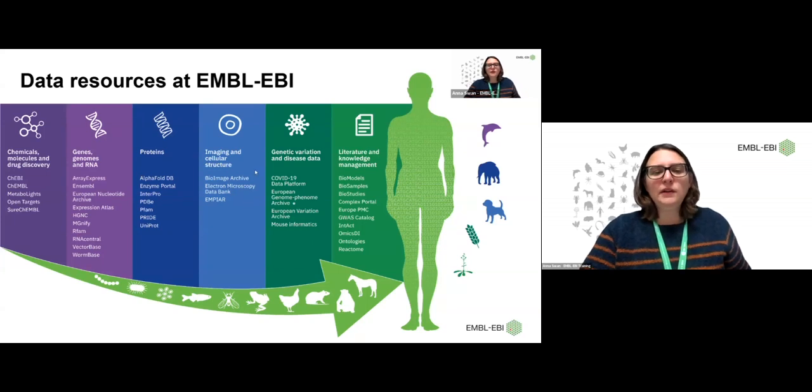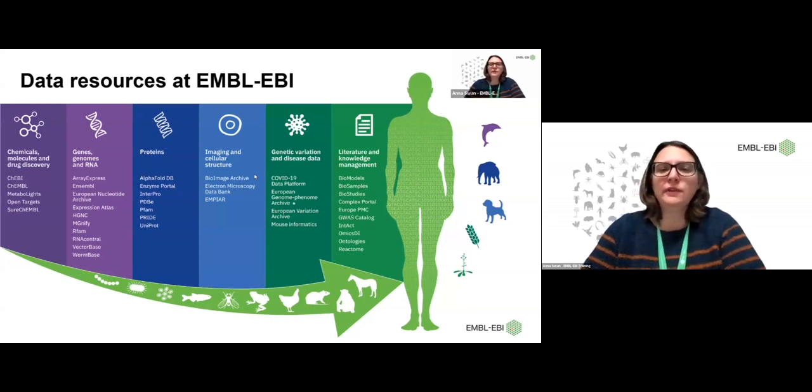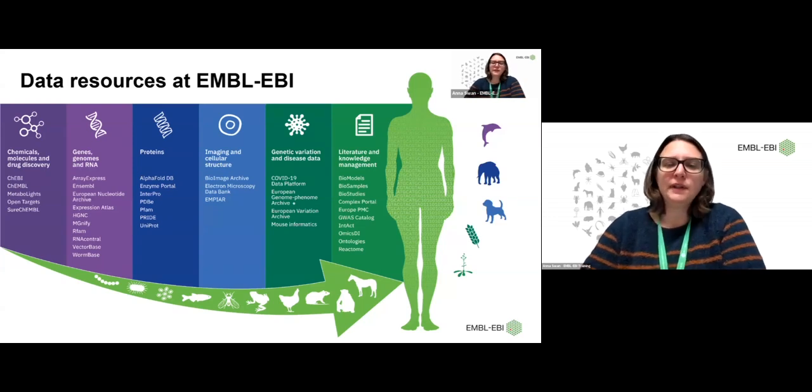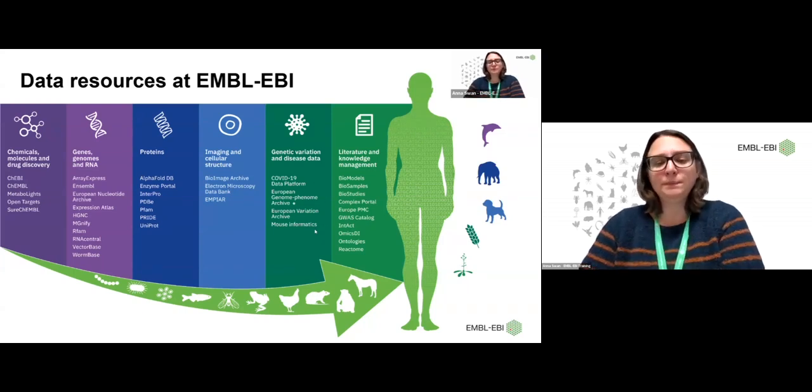Then a slightly newer area, we have the imaging section, and in particular the BioImage Archive, which has all different types of images from biological experiments for you to access. And we also have the genetic variation and disease data. So for example, the COVID-19 Data Platform, and in fact, the one that's missing from here, the Pathogens Portal.